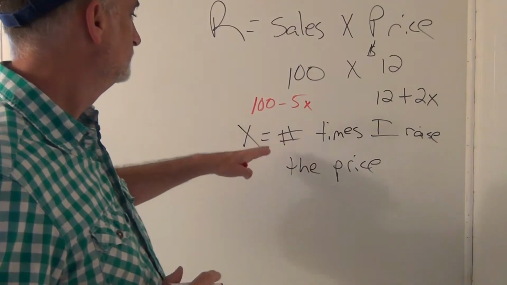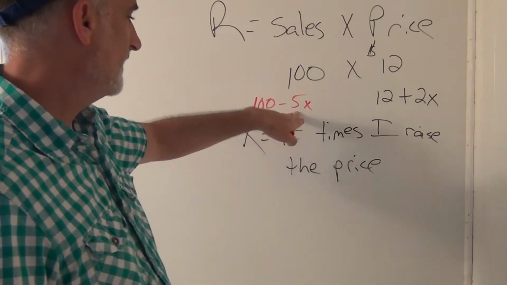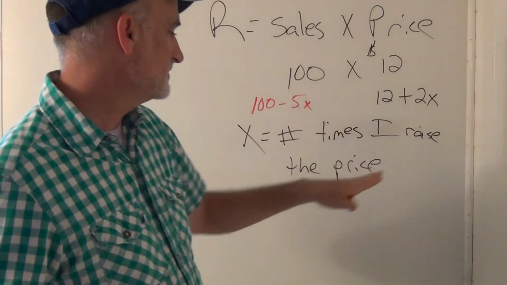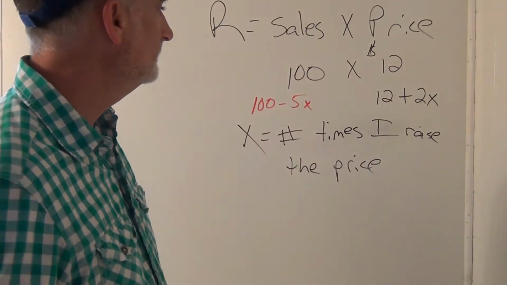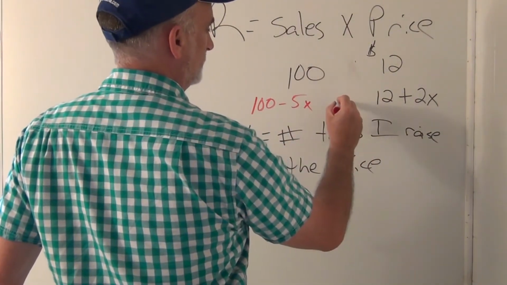Okay? So for every 100 customers, we have to subtract 5x, with x being the number of times I raise the price. Okay? Now we're going to get rid of this and we'll just put a dot here.